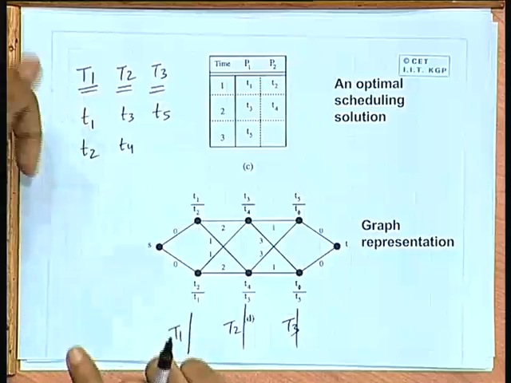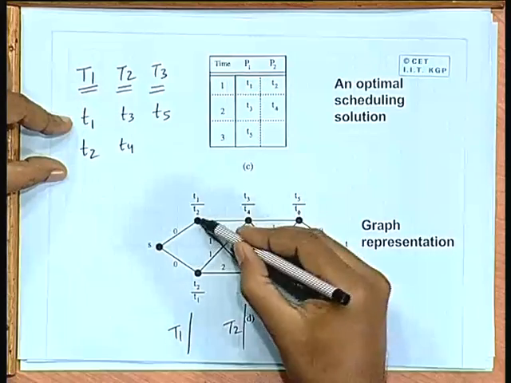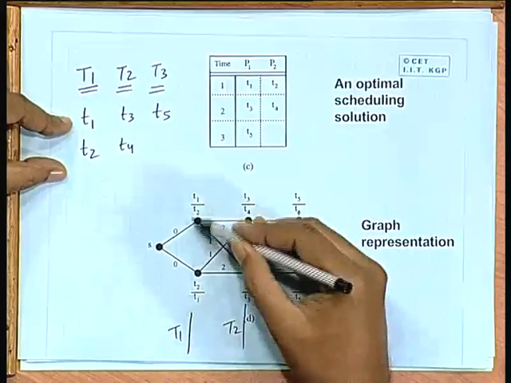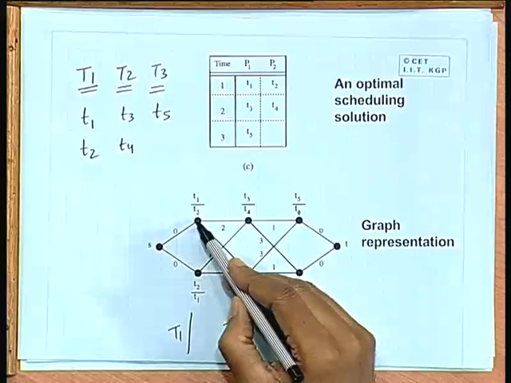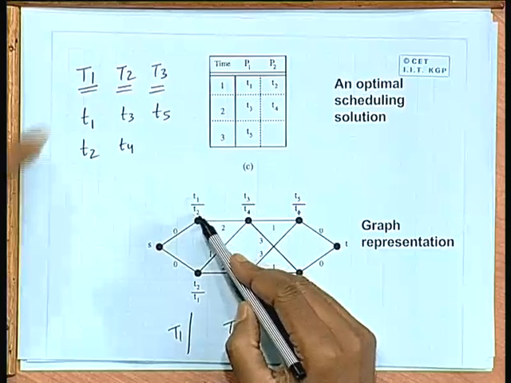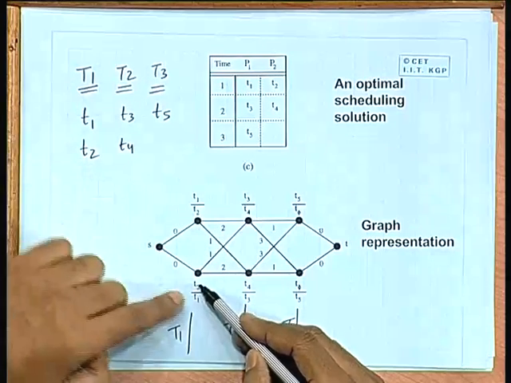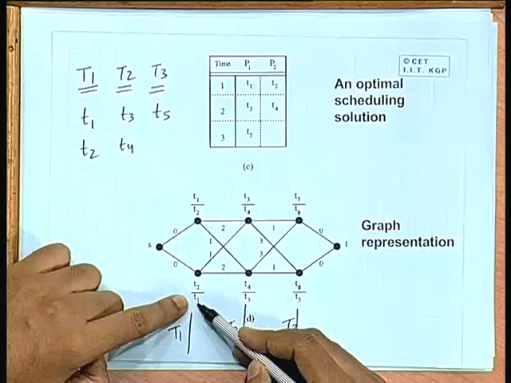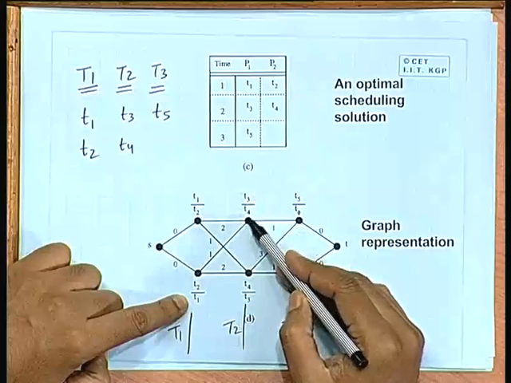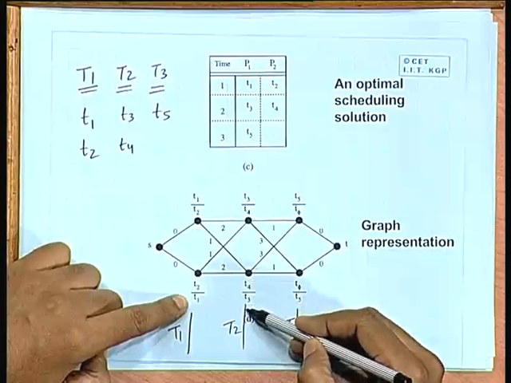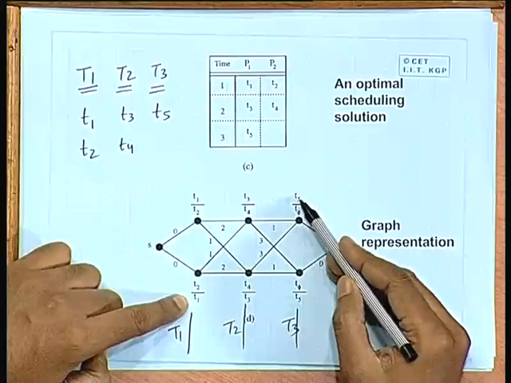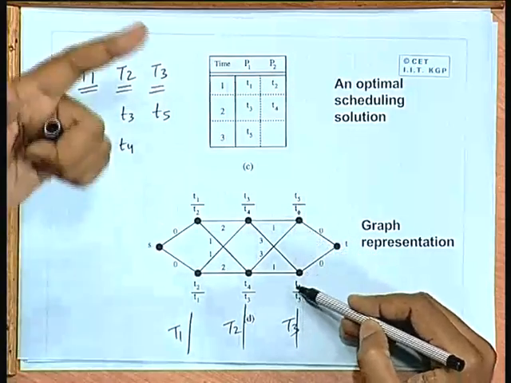Based on these two possibilities, you have two vertices in each level of this graph. The top vertex says t1 is on top of t2, the second one says t2 is on top of t1. This says t3 is on top of t4, t4 on top of t3. Similarly, t5 null, null t5.